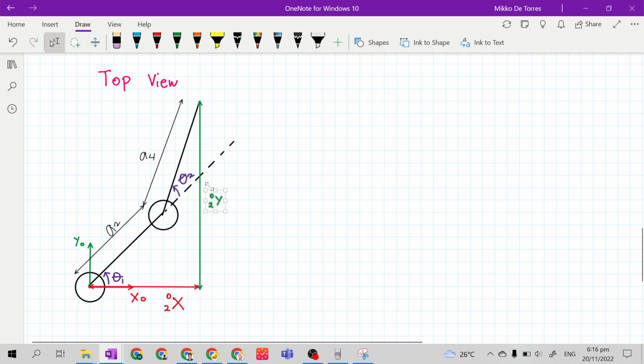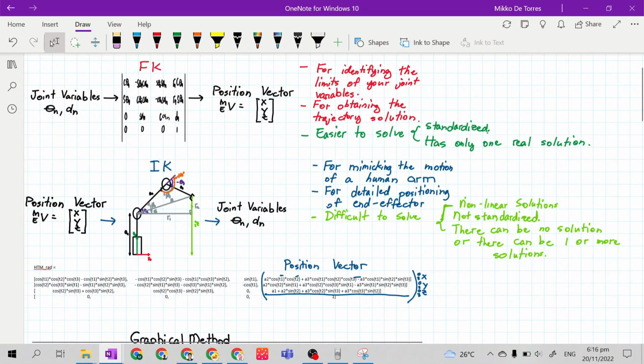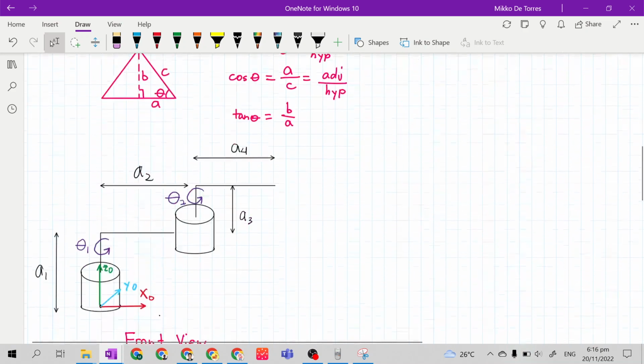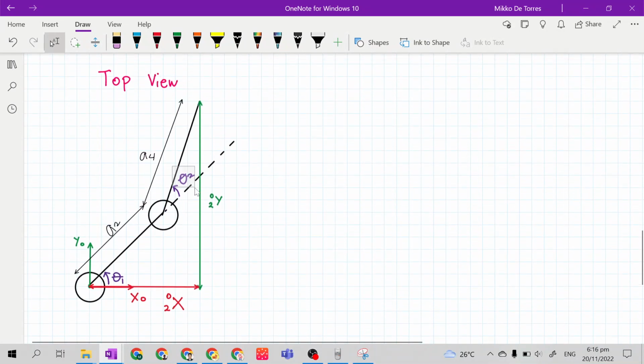So it is the definition of inverse kinematics: the position vector is given, then we will solve for the joint variables. What we need to find is the value of theta 1 and theta 2. A sub 2 and A sub 4 are also given.